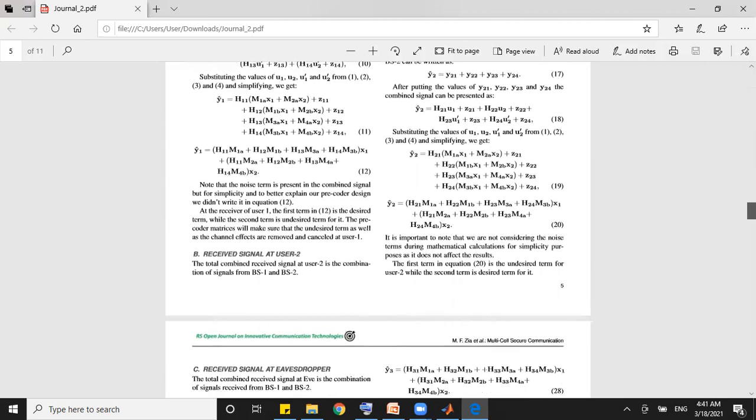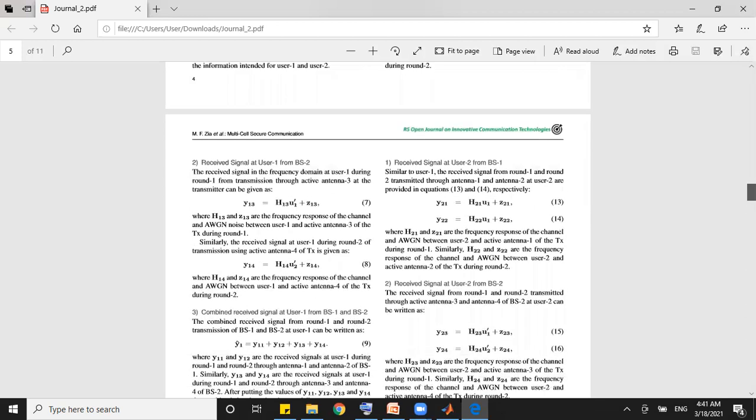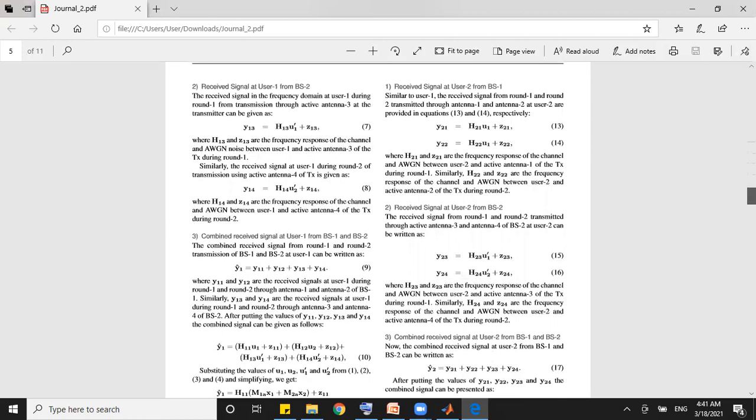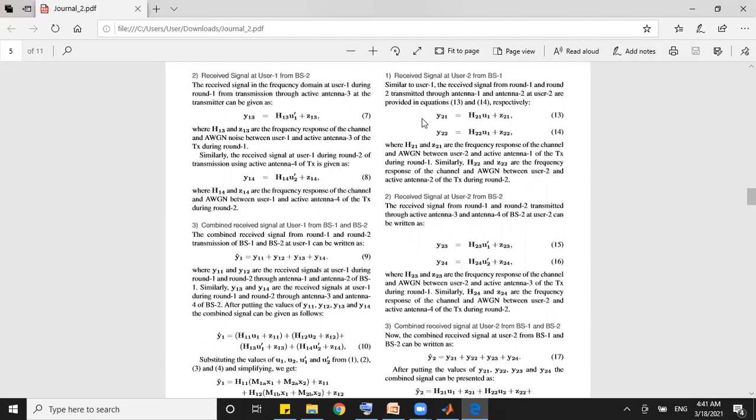Similarly, for the case of receive signal at user 2, we follow the same steps as we followed for the receive signal at user 1. First, we calculate the receive signal at user 2 from base station 1 from the four antennas.